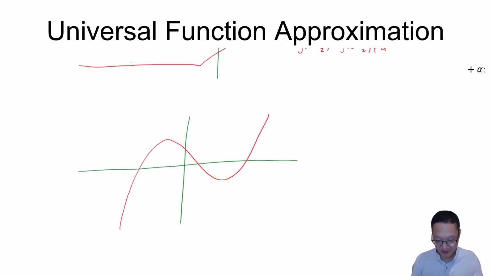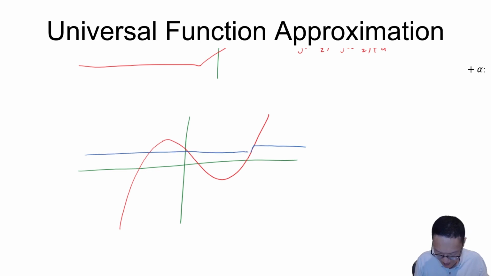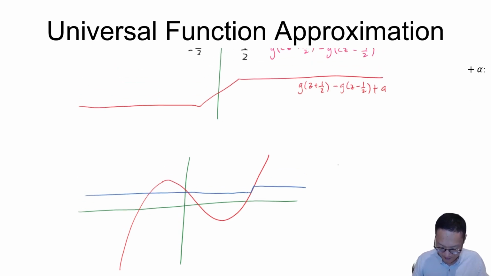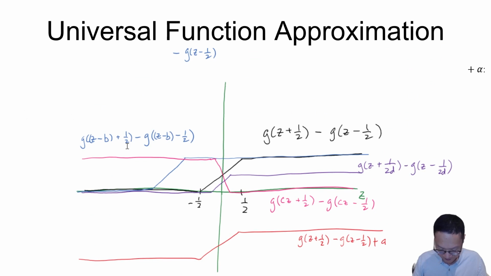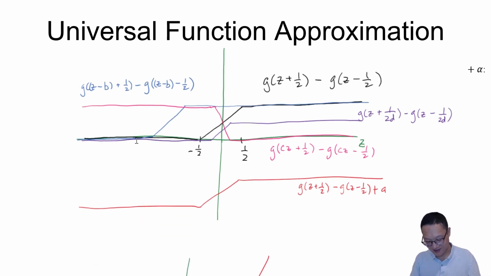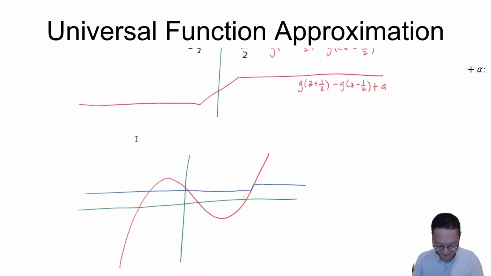By choosing the right parameters A, B, C, and D, we can approximate any little segment of the red function really well. Of course, our function over here, using all the parameters A, B, C, D, will always have a horizontal line before and after this little piece.